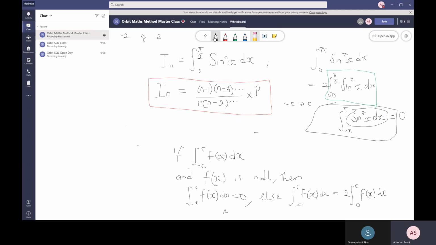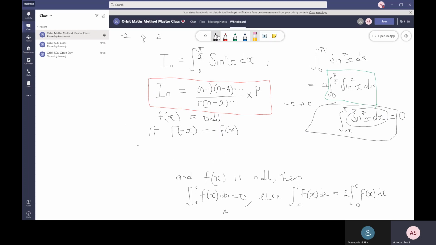So what's an odd function and what's an even function? I will say f of x is odd if f of minus x is equal to minus f of x.